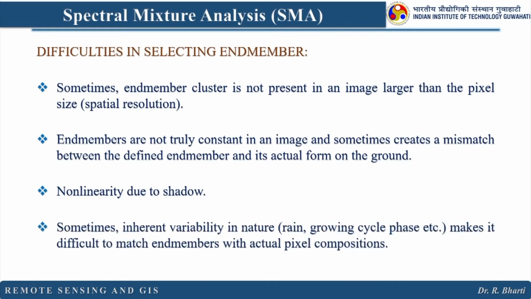Sometimes inherent variability in nature, like rain, growing cycle phase, etc., makes it difficult to match the end member with the actual pixel composition. So sometimes you end up doing qualitative analysis instead of quantitative analysis. These are a few limitations we have to face in hyperspectral remote sensing.